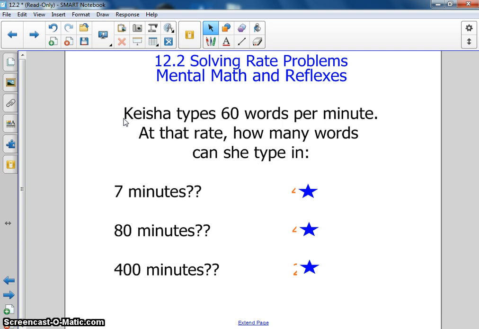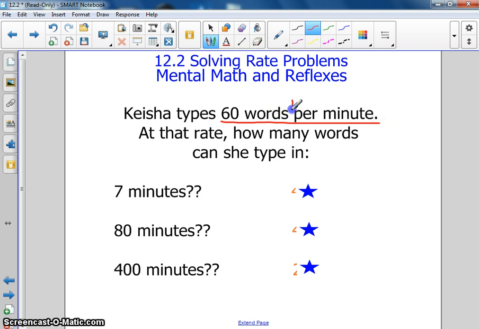Okay, this one. Keisha types 60 words per minute. At this rate, how many words can she type in 7 minutes? Can you write down what you think the unit value is? Well, I hope you got that Keisha types 60 words per minute. That per is a big part of rates, because it shows how much she does per every minute.